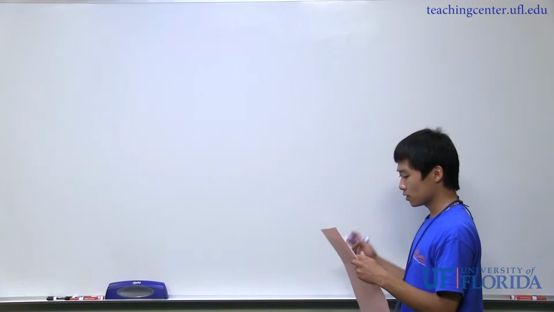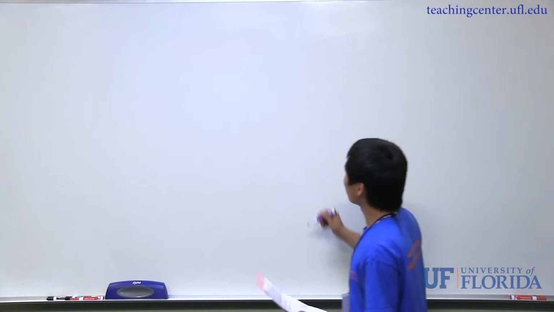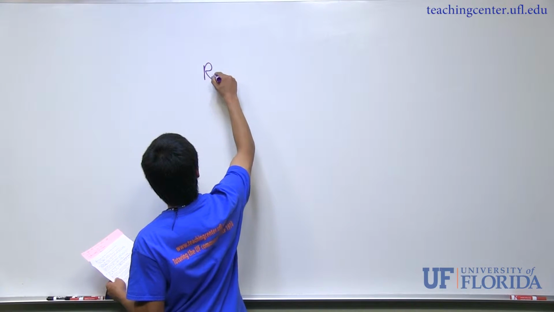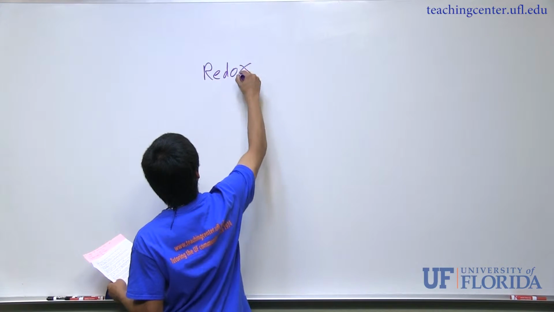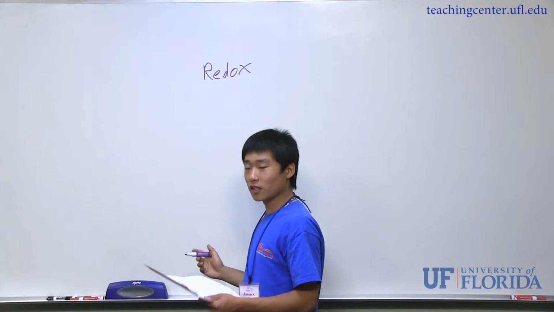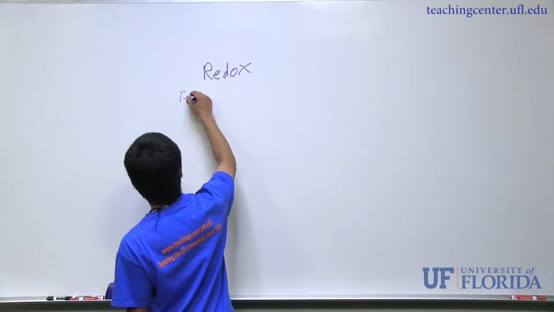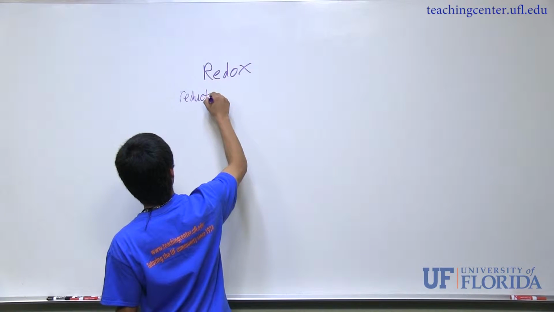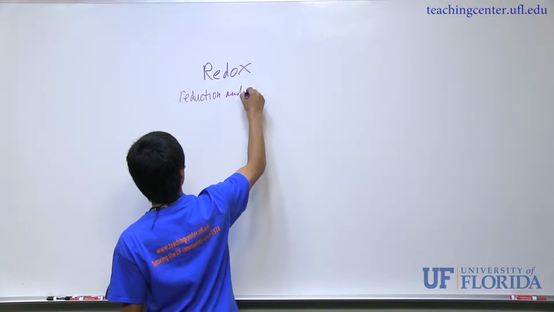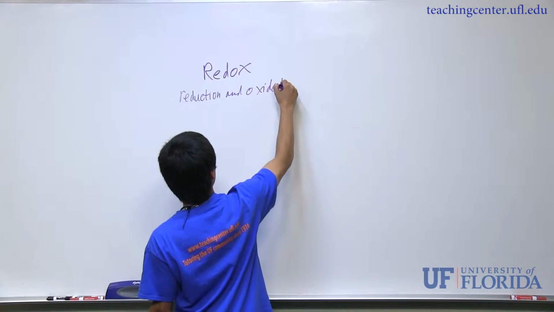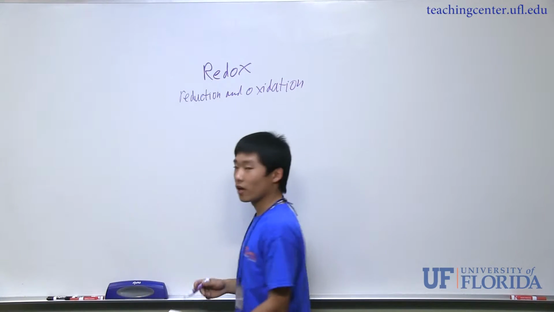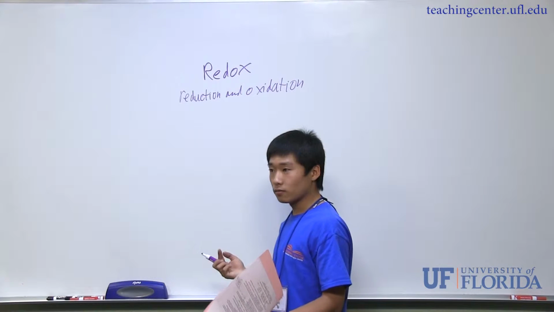So first of all, guys, when it comes to redox, remember that redox is a combination of reduction and oxidation. You most likely remember sayings like LEO the lion says GER and OIL RIG.